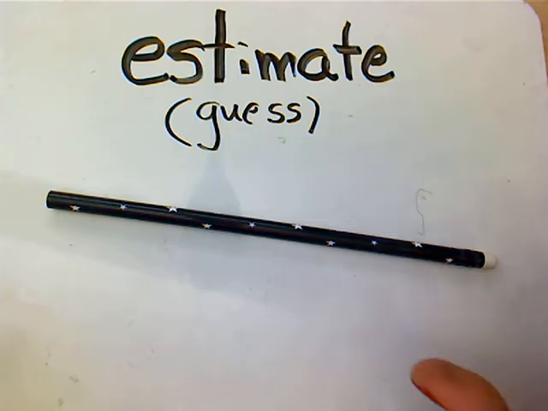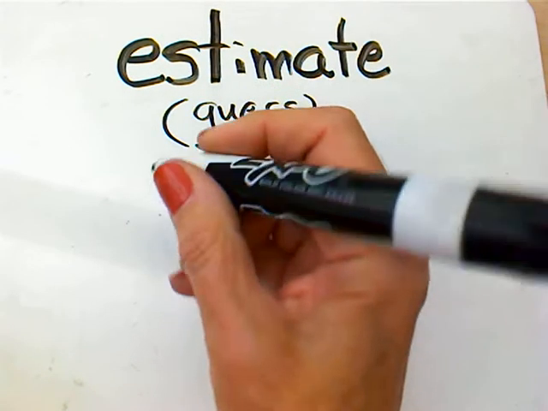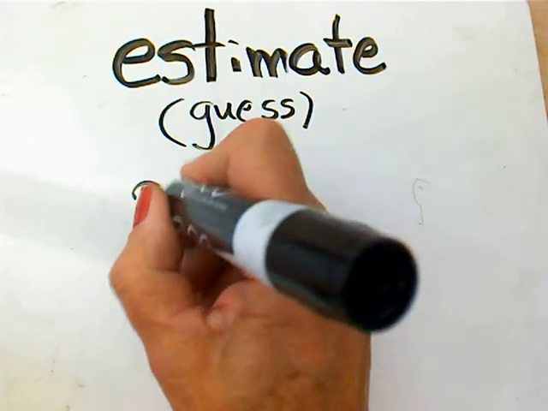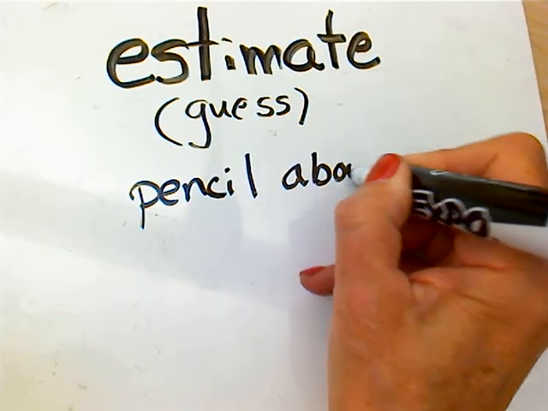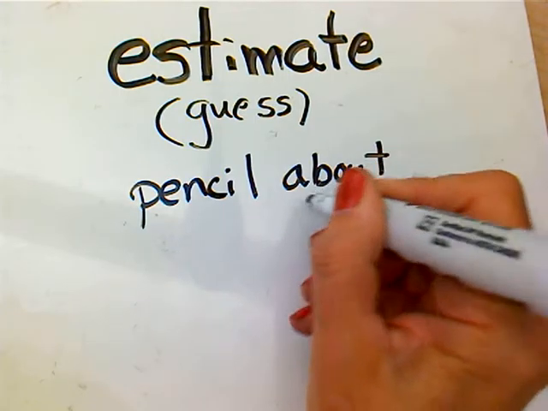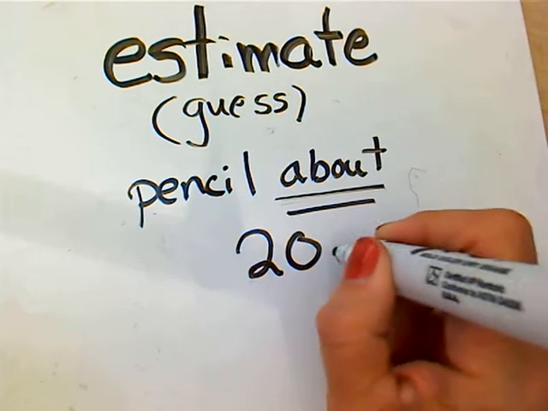It's about 19, but I'm going to say that my unsharpened pencil is about, and is this an exact measurement? No, because I'm using the word about, 20 centimeters.